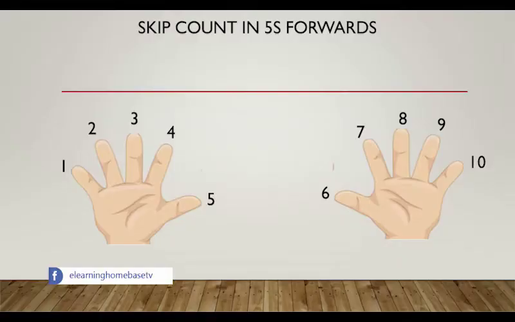So with skip count, I want you to raise your hand whilst at home so that we count our fingers once again. 1, 2, 3, 4, 5, 6, 7, 8, 9, 10. So you could see that there are 10 fingers.